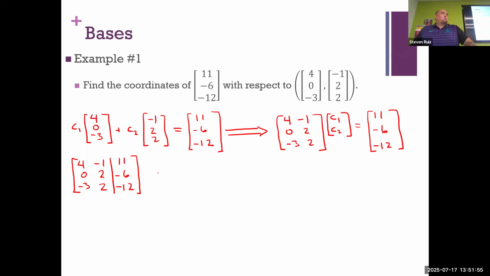Does this augmented matrix look weird to anybody else? What's weird about it? You can't invert matrices like this.